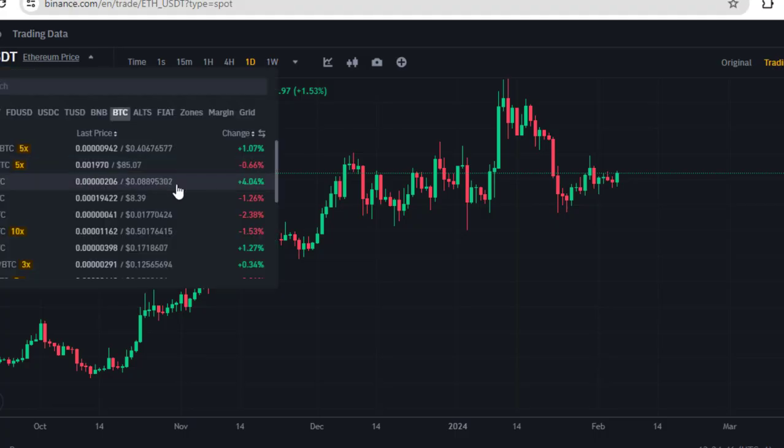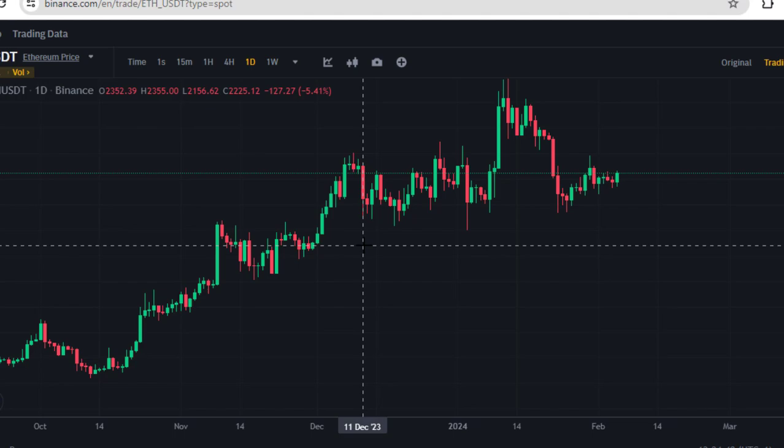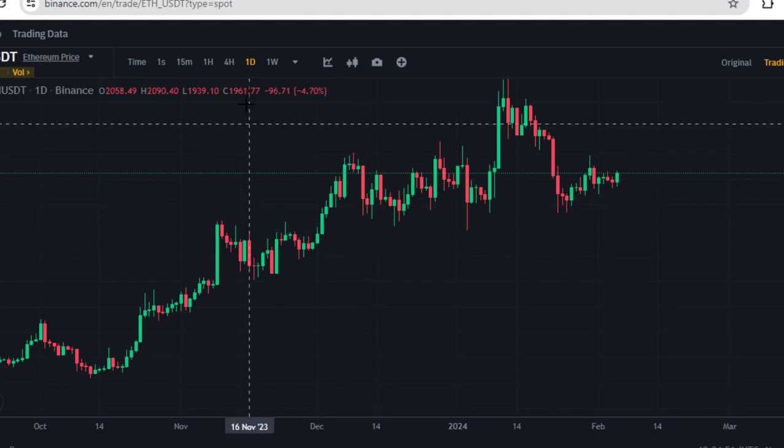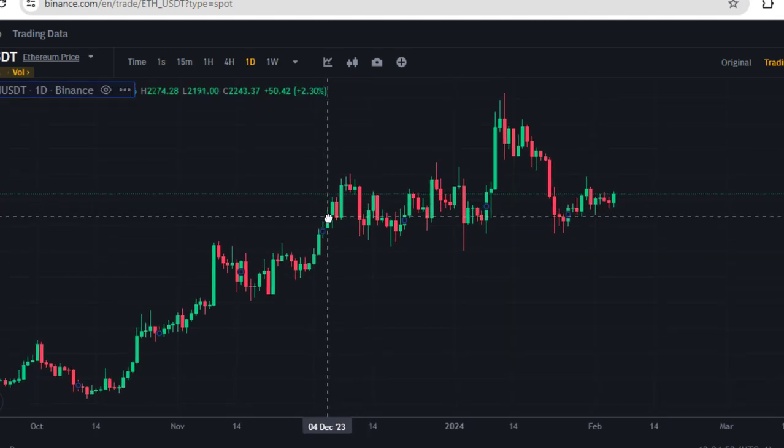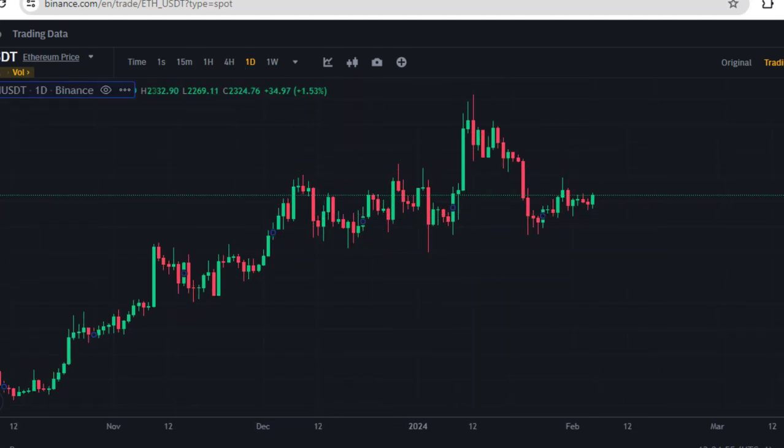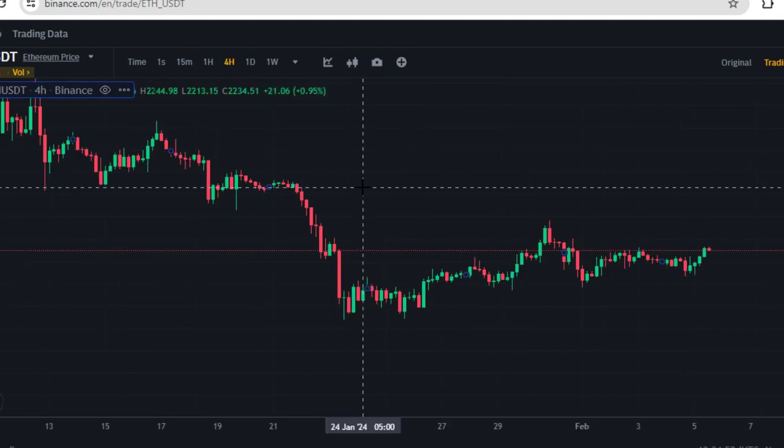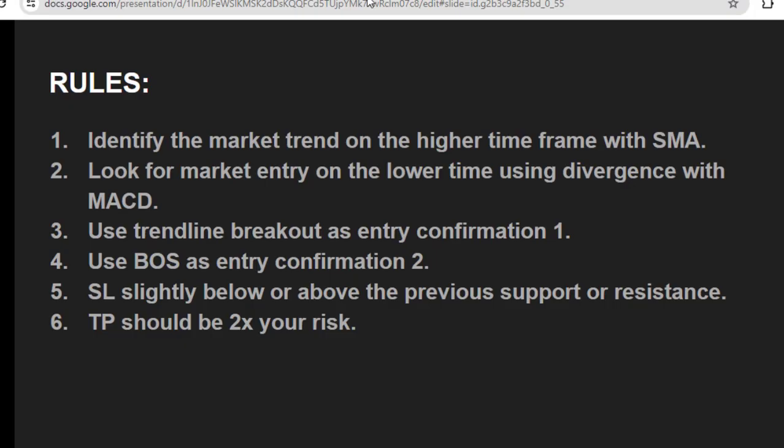In this example, I'll be using ETH USDT, and I'll be using the 1-day chart for my higher time frame, as you can see right at this point, and the 4-hour chart for my lower time frame. So the first thing in the strategy is to identify the market trend on the higher time frame using the SMA, or the moving average.